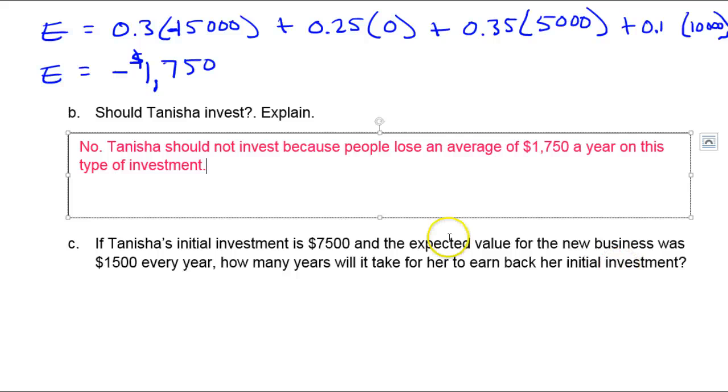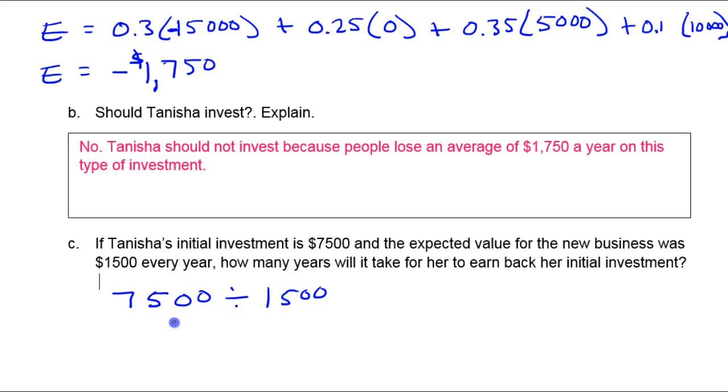All right, so she paid $7,500 and now she's gaining $1,500 each year. So how long would it take her to earn back that money? Well, that's just a simple division problem, isn't it? We just take that initial investment of $7,500 and divide by 1,500.